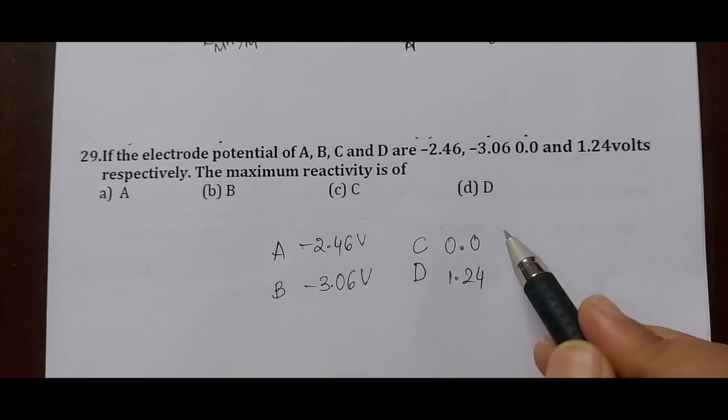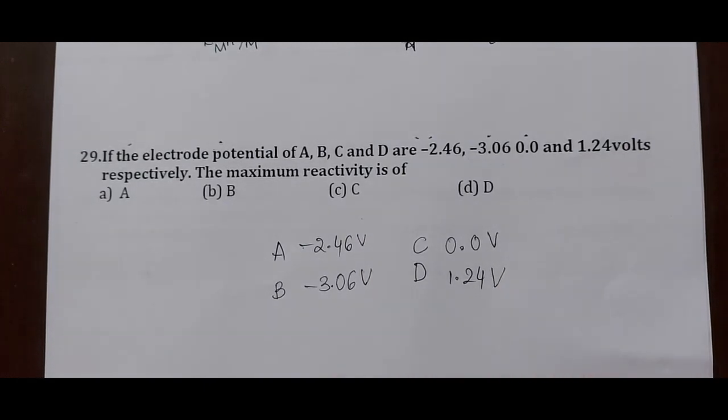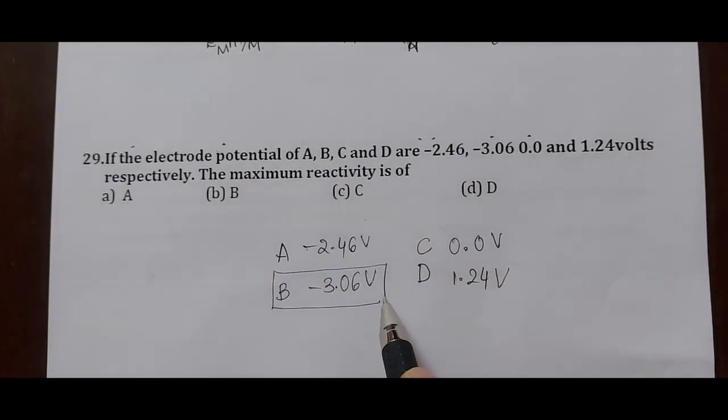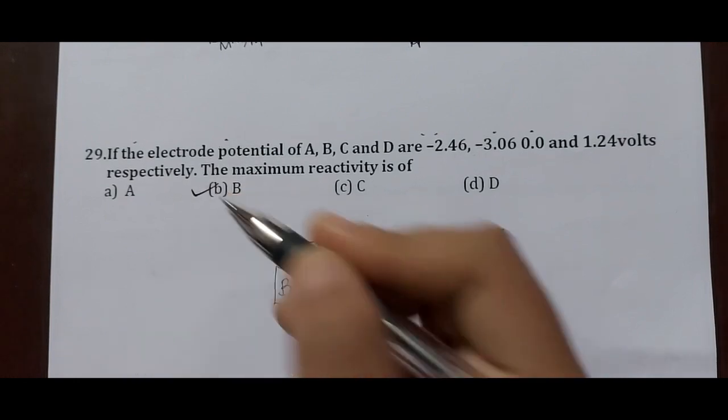And they have asked here the maximum reactivity is of. So maximum reactivity here we consider in terms of the tendency to undergo oxidation. So the most reactive metal, the tendency to undergo oxidation, means what? The one which has a more negative value or lower E naught value. So among these the lowest E naught value is for B, and hence B is more reactive. So the correct option is B.